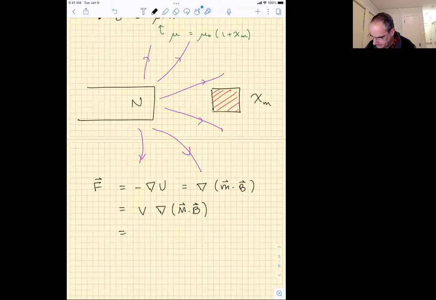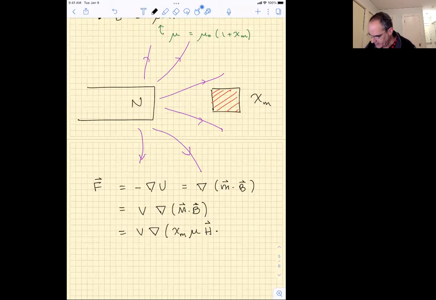And the magnetization in a linear material is just magnetic susceptibility times H. That's the magnetization.